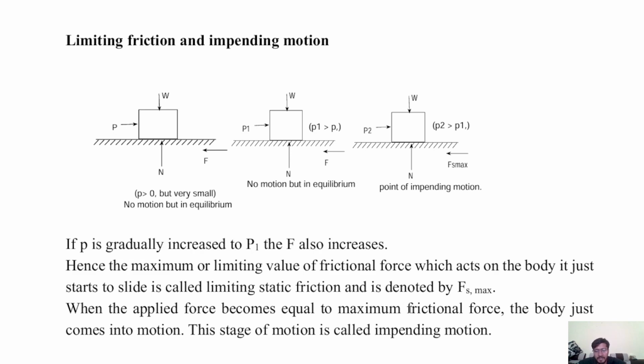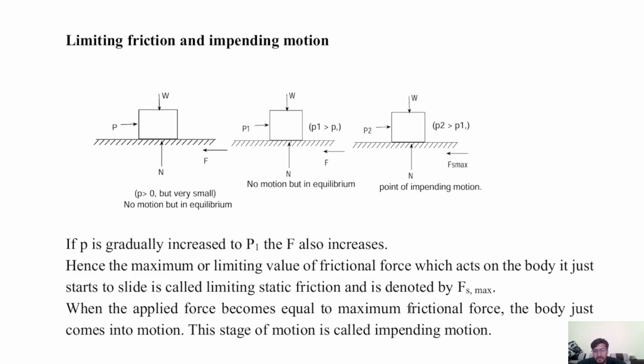That means if P is applied in rightward direction, then the friction force opposes this motion in opposite direction. That we can see in first figure, the friction force F acts in opposite direction to applied force P.